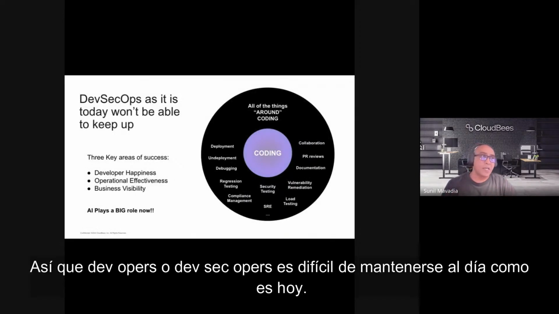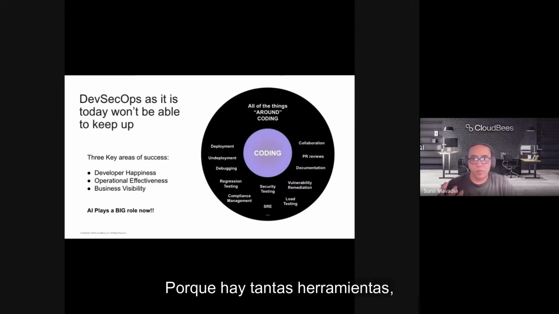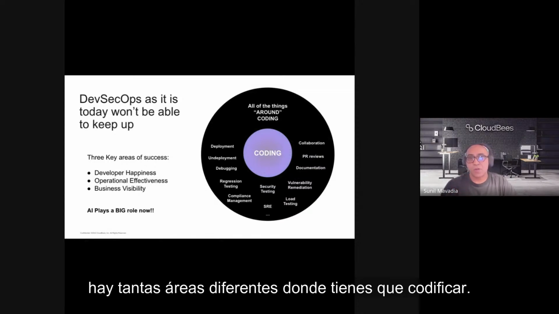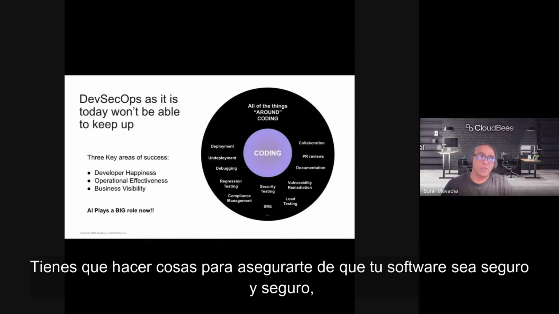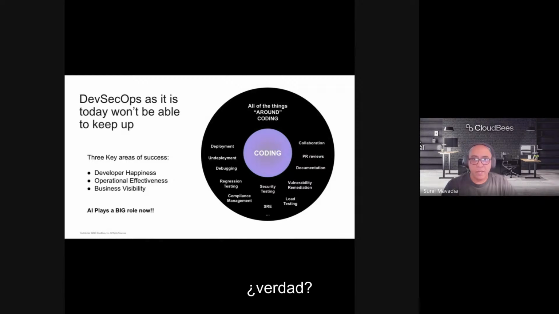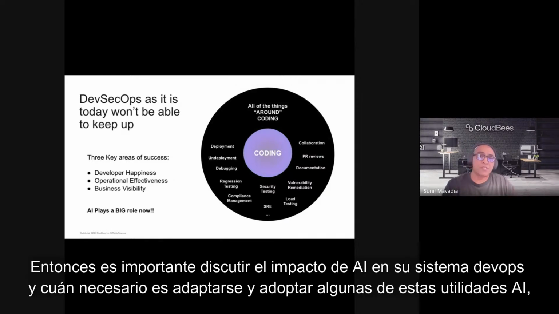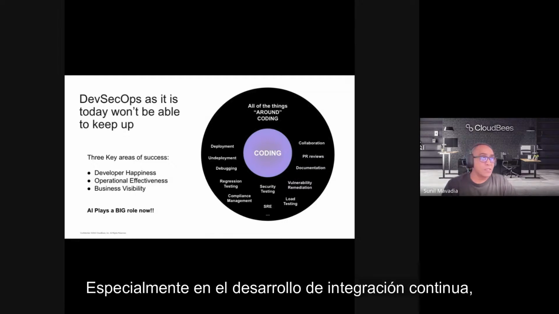So DevOps or DevSecOps as it is today, it's difficult to keep up. Why? Because there's so many tools, there's so many different areas where you have to code, you have to do things to make sure that your software is safe and it's secure, right? So it's important to discuss the impact of AI in your DevOps systems and how necessary it is to adopt some of these AI utilities, right?